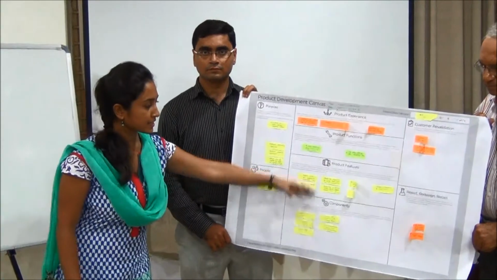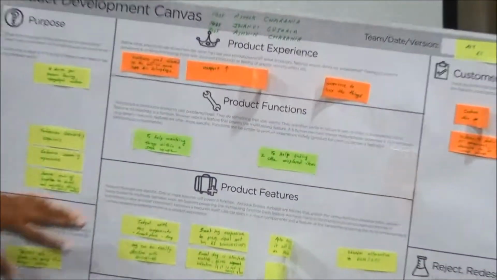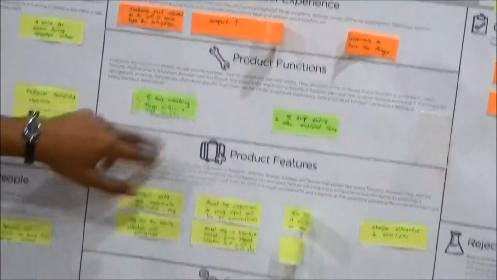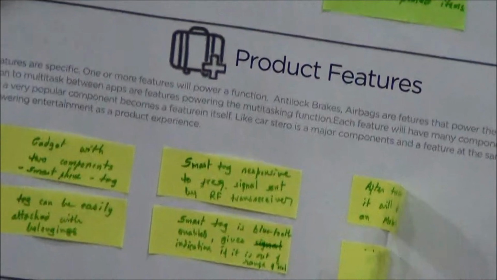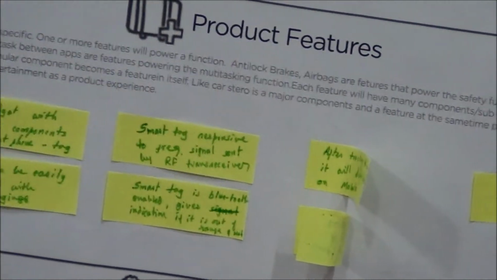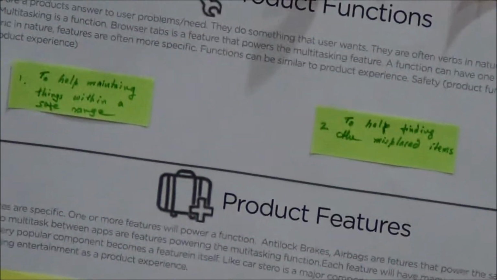So basically, if we go to the product features and the product function: what are the features that will make the product function into basically two tasks? The features are basically what we just discussed, that is the smart tag painted with frequency selective paint.